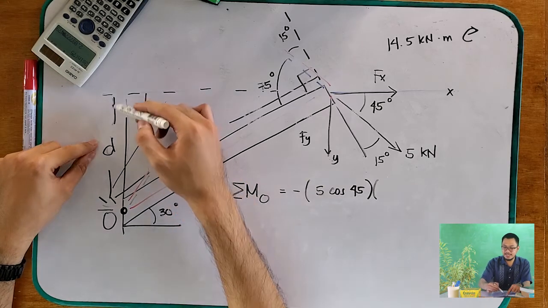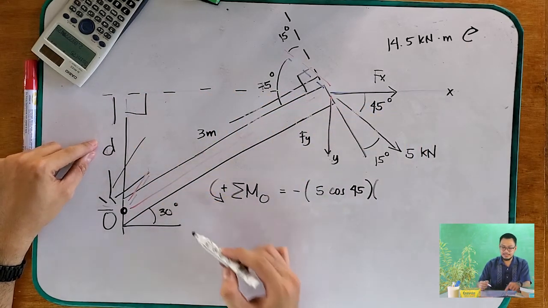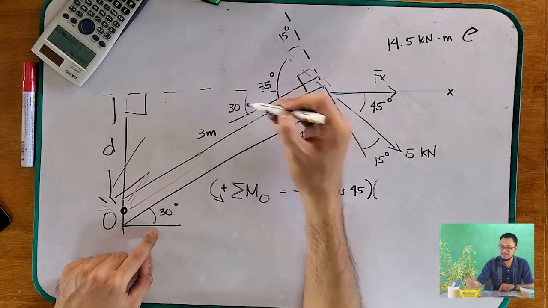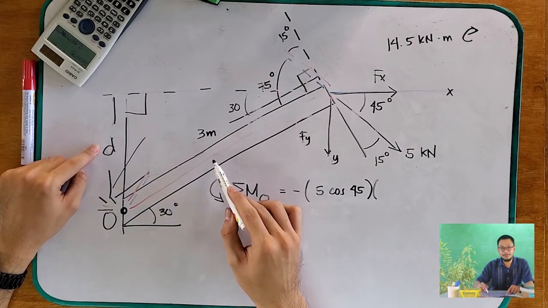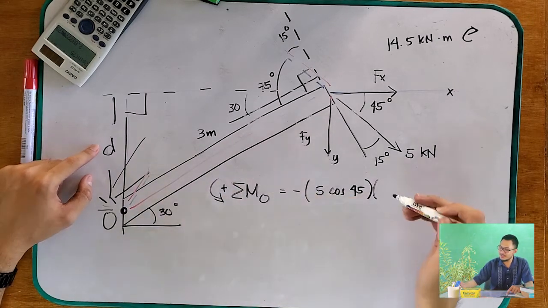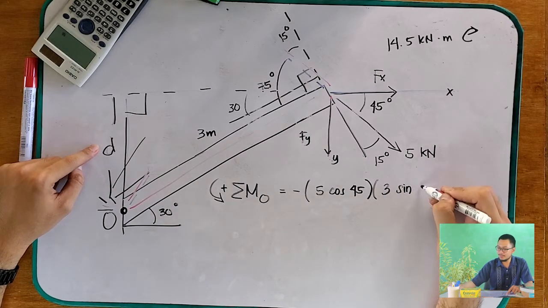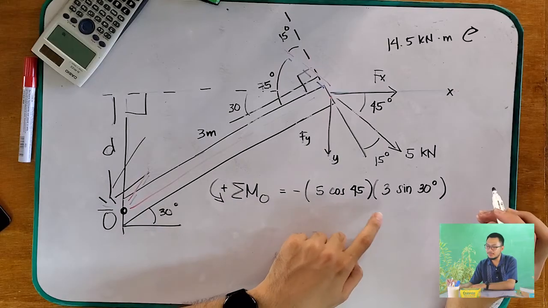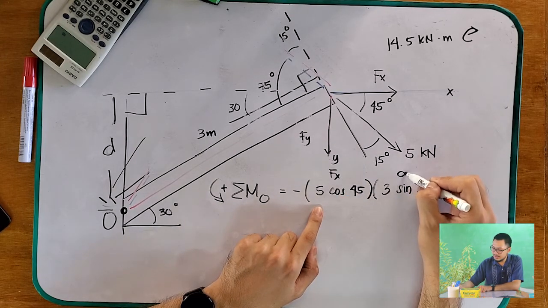And this one is basically from this triangle of what you have created. And you know that this angle is 30, so therefore this angle also is 30 degrees. Okay, so therefore, opposite over hypotenuse. This is 3 meters, so 3 meters sine of 30 degrees. Sakto? Sakto. So, mao ni ang atong Fx, and then ang atong d.